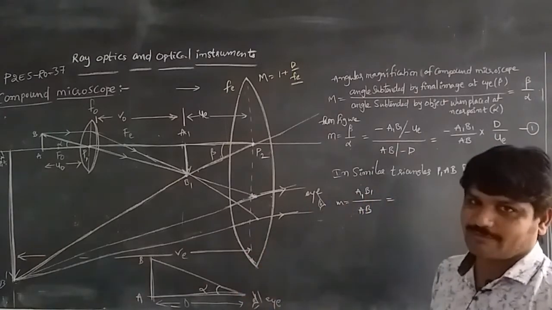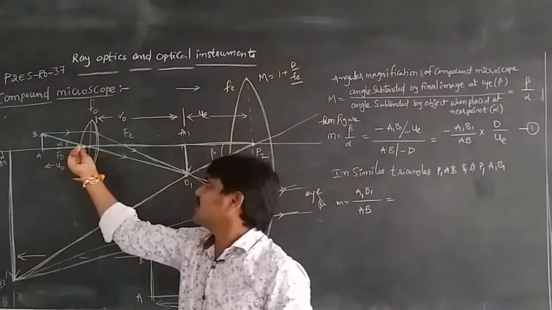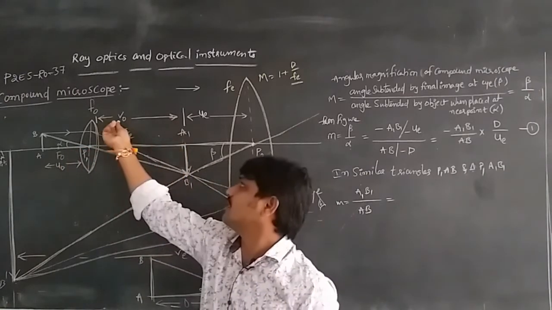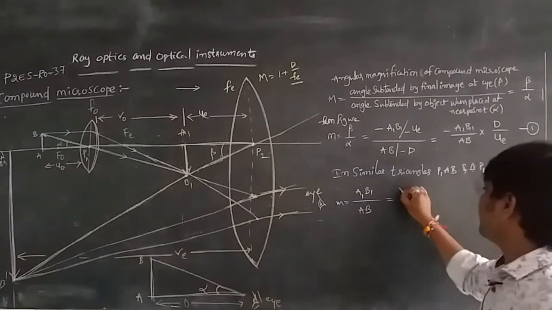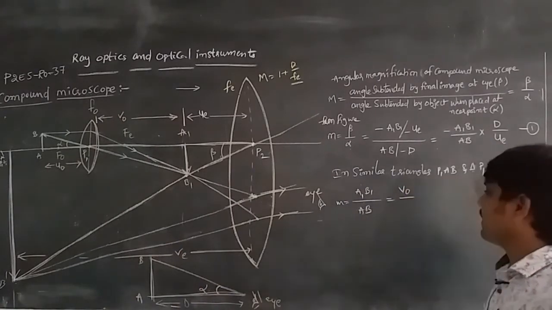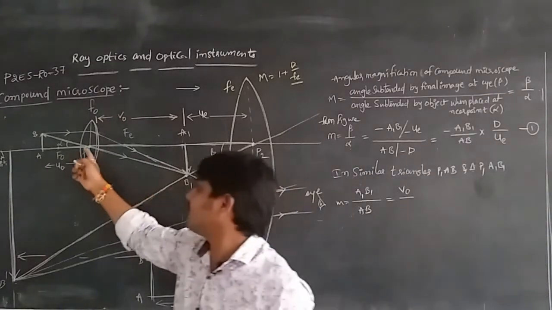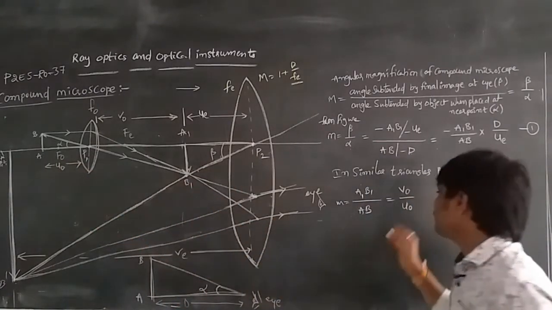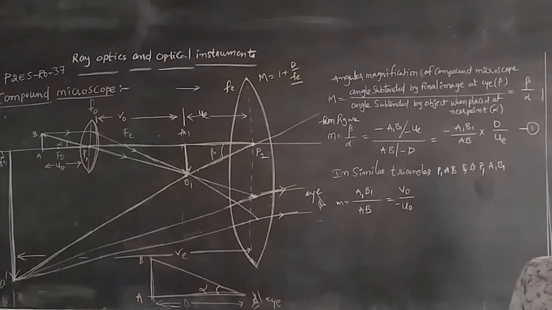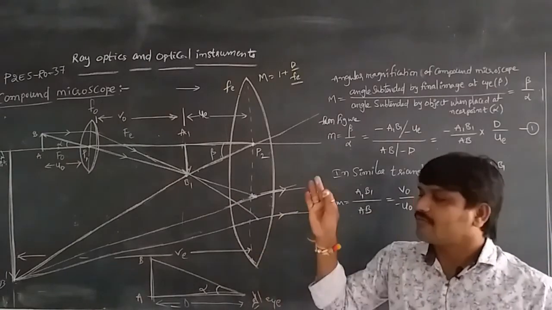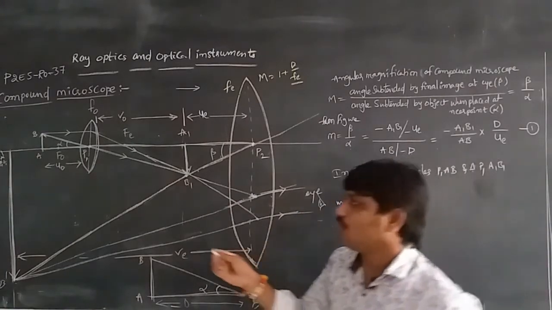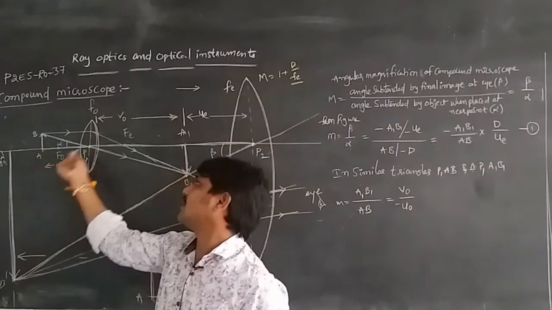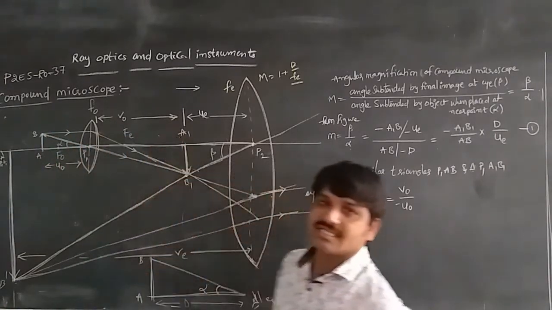This equals the ratio of the distances from the lens. The distance of the image is V naught, and the distance of the object is U naught. U naught is taken as minus because we measure from the pole in the direction opposite to the incident ray, but V naught is in the same direction.